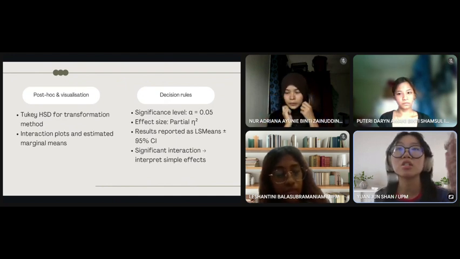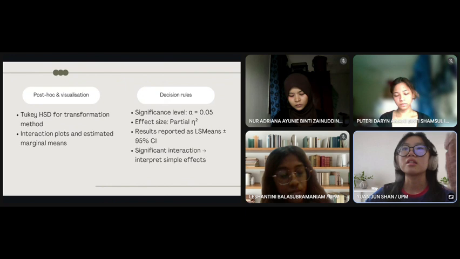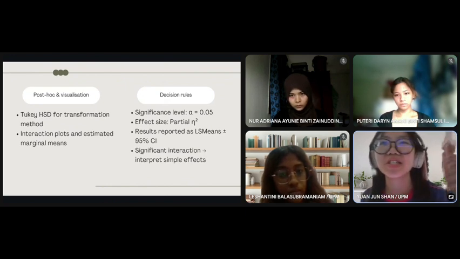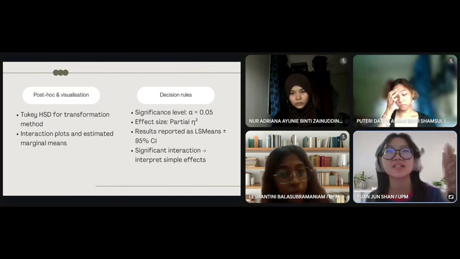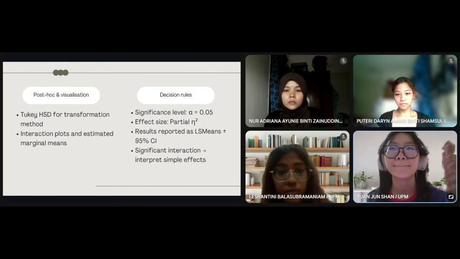For the decision rules, at a significance level of 5%, the effect size is as shown in the presentation, and the results are reported as LS means with 95% confidence intervals, and the significant interaction is used to interpret simple effects.